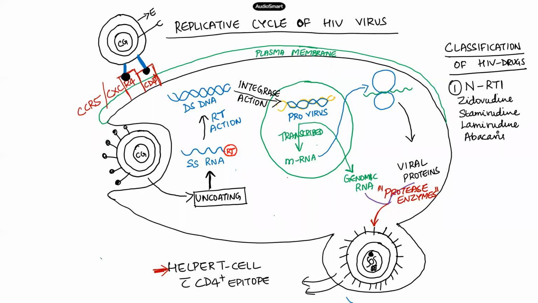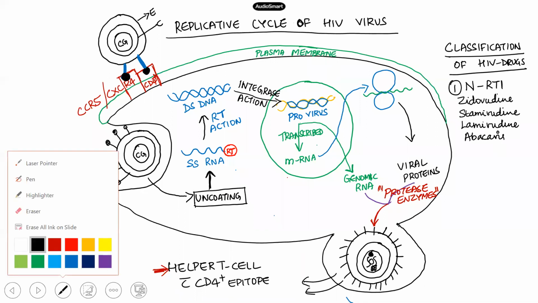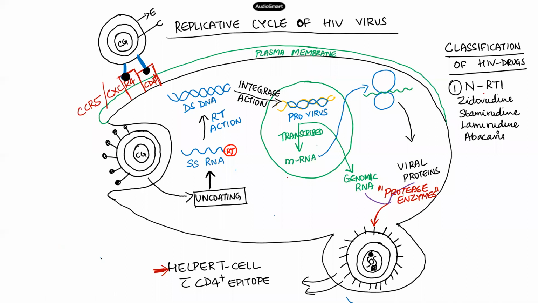So what these nucleoside reverse transcriptase inhibitors do, as the name itself indicates, is that they have something to do with the reverse transcriptase enzyme. So the action of these NRTI drugs will happen at the level of this particular step. It will inhibit the action of reverse transcriptase so that the double-stranded DNA is not formed and it cannot be integrated into the host cell DNA, right?